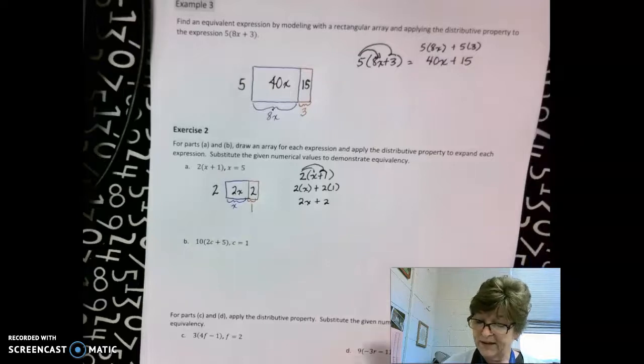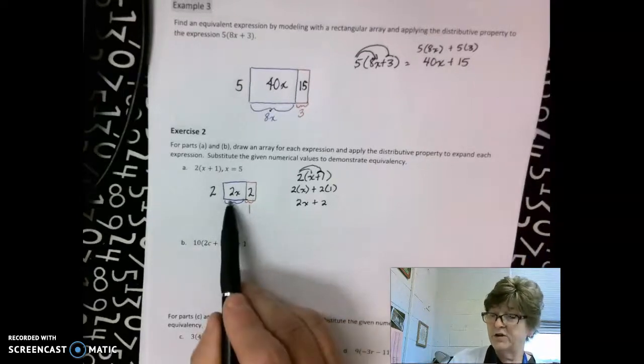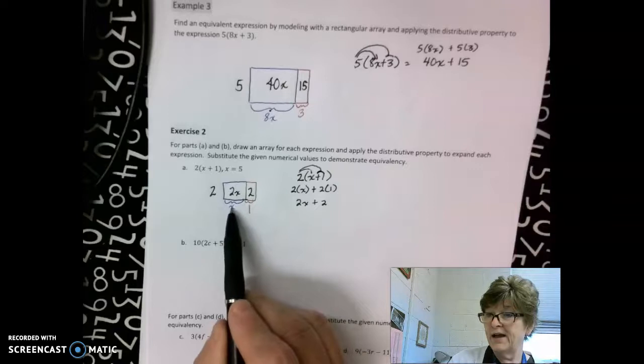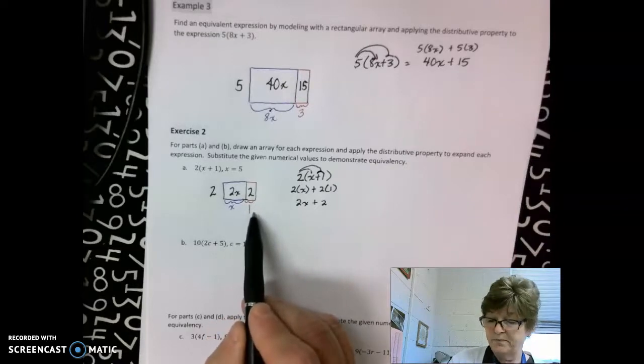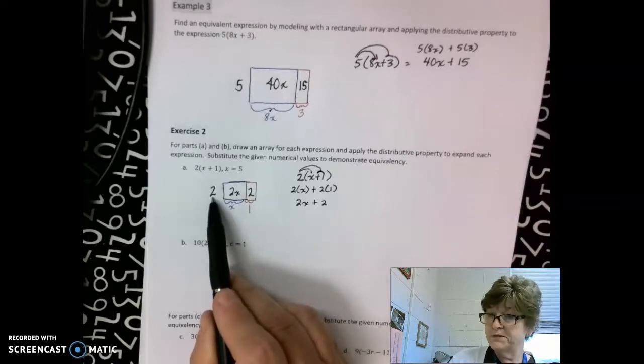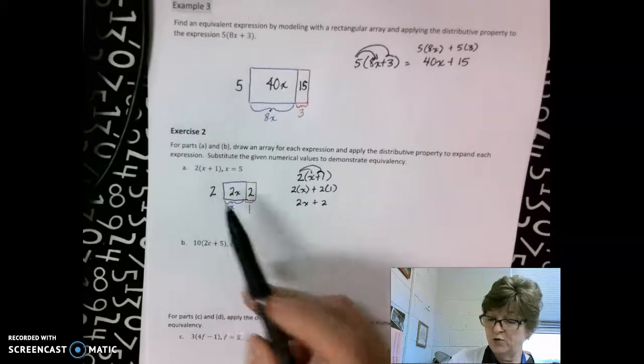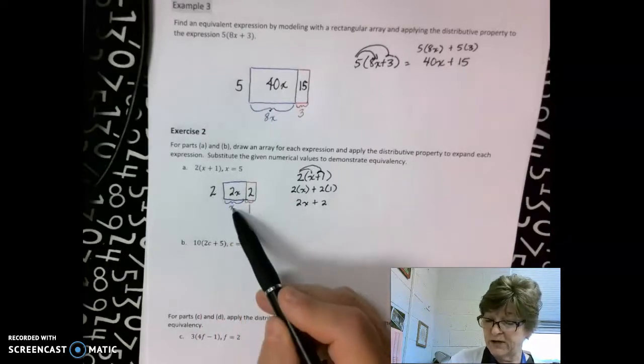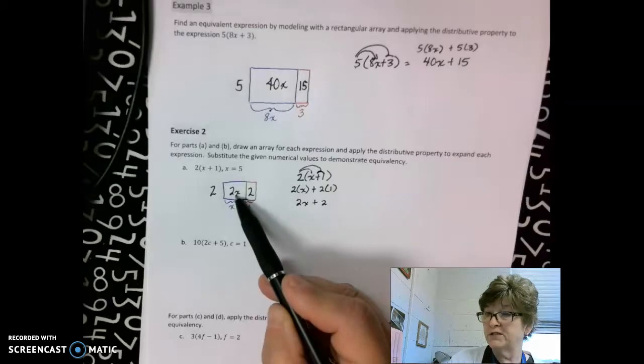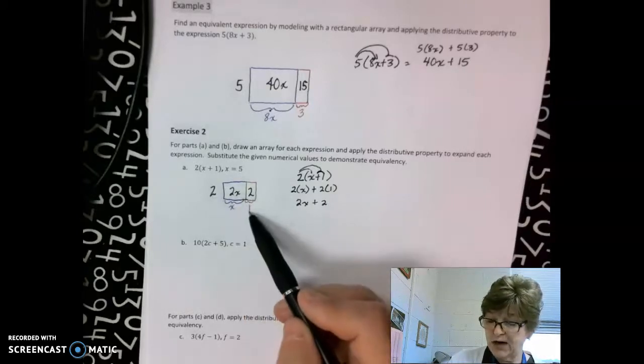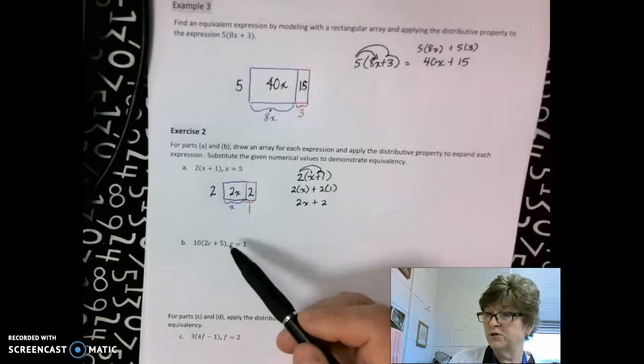We're back, and do you have an array that looks like x and 1 with 2 groups? And when you do the multiplication of 2 times x, you get a product of 2x, and 2 times 1, you get a product of 2.